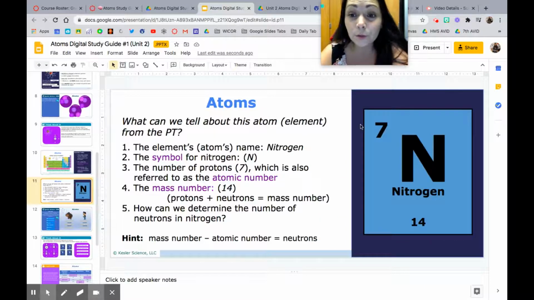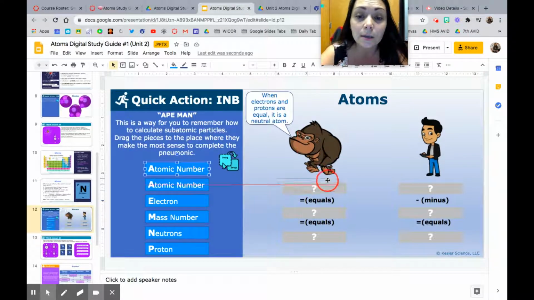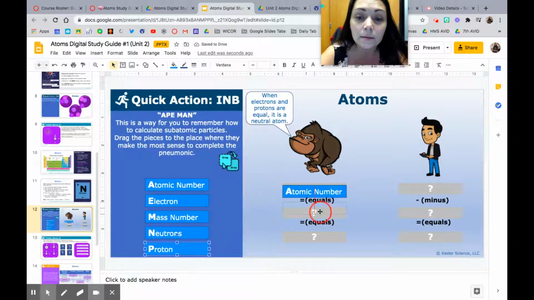Here's just kind of a review. The atomic number tells you protons and electrons. Symbol, name, and then this, if it's rounded, it's a mass number, and if it's not rounded, then it is an atomic mass. So APE MAN: A, the atomic number, equals the number of protons and the number of electrons.